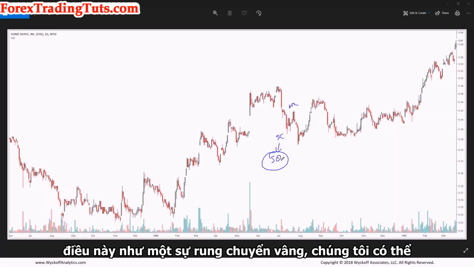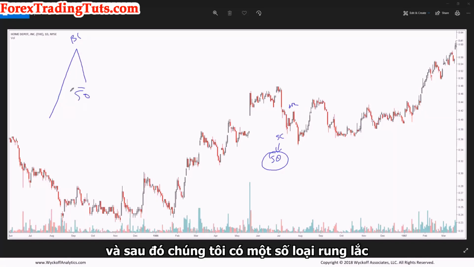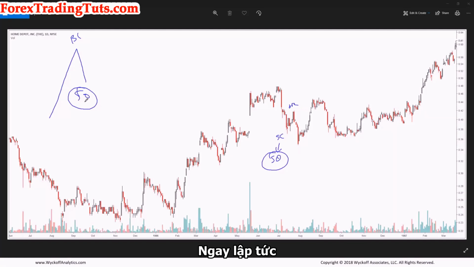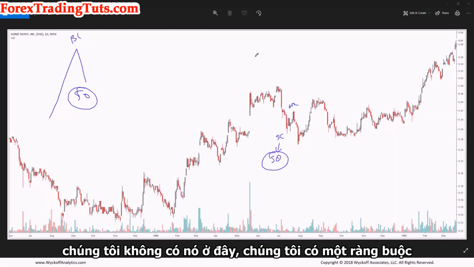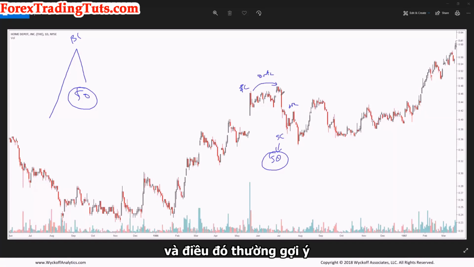Yeah, we can. Usually the shakeout in the reaccumulation is something where we have the buying climax and then we have some kind of shakeout right away. We don't have it here. We have a buying climax and then we have an area of distribution. And the distribution usually suggests what?